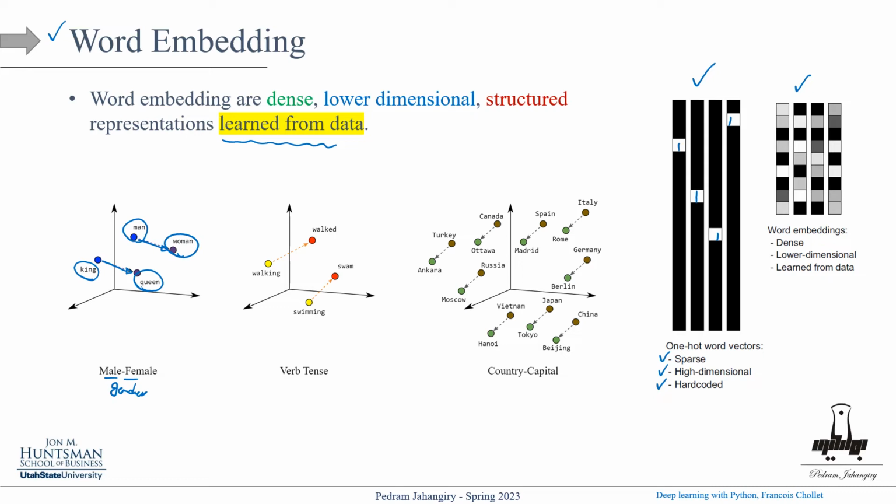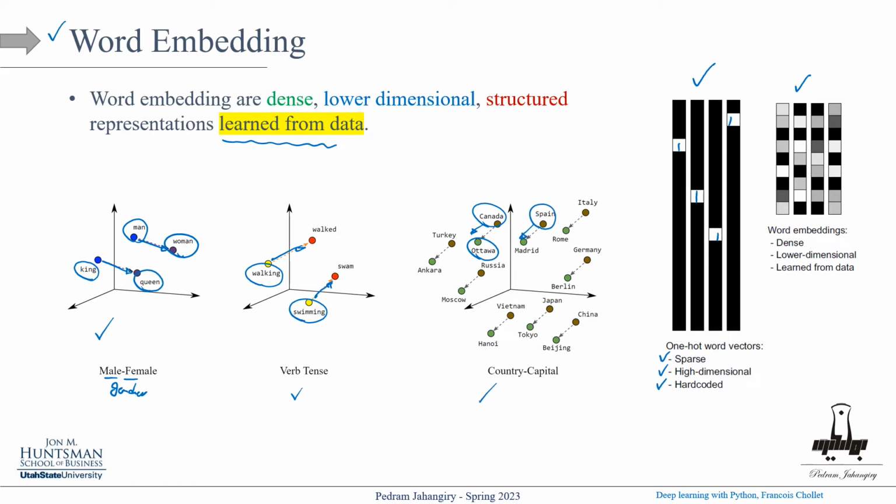So this is going to be very useful. The same story applies for verb tenses. For example, there's a vector that translates walking to walked, or swimming to swam. This is the past tense. Another example is country capital. Here, Canada is mapped to Ottawa, Spain to Madrid, and so on.